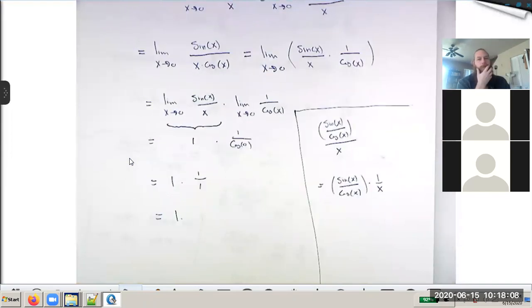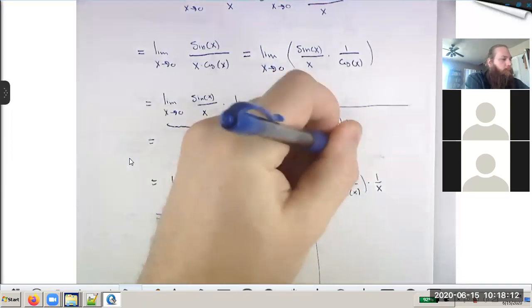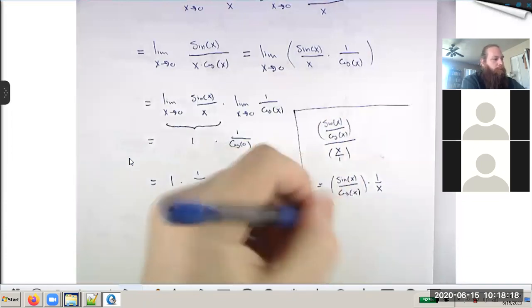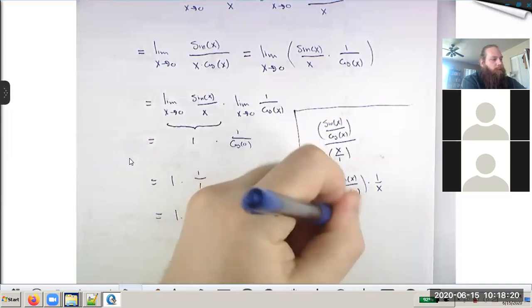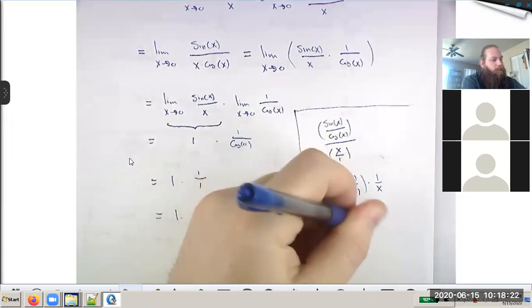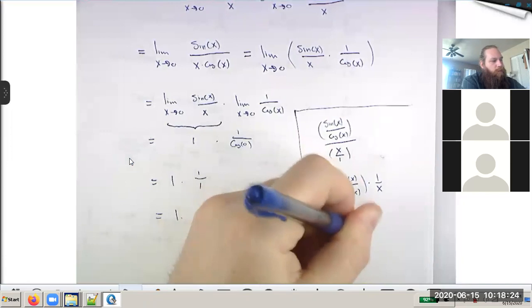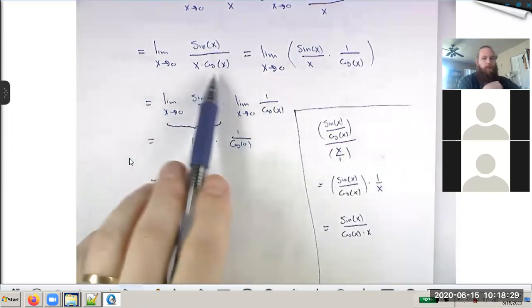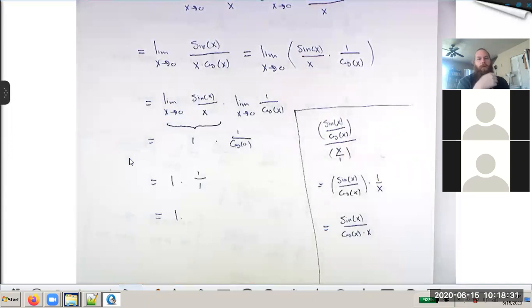Or in other words, I'm thinking of the bottom as being x over 1 as its own fraction. So I leave the top alone and I flip and multiply by the bottom. And that's the same as sine x over cos x times x, which is what we have here, just with the multiplication downstairs written differently.